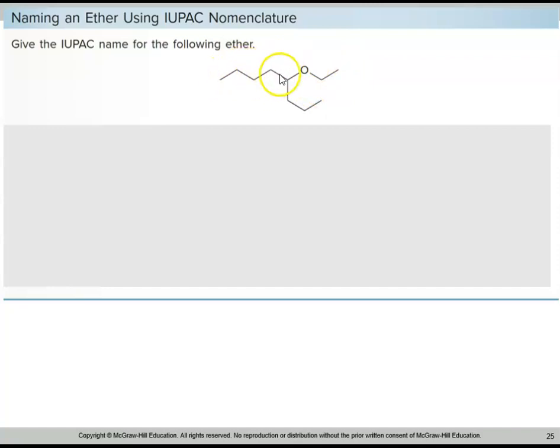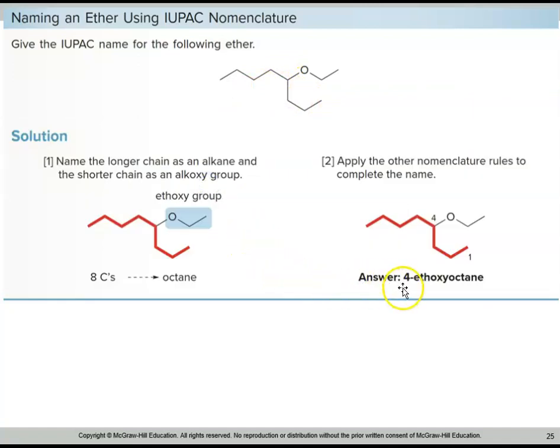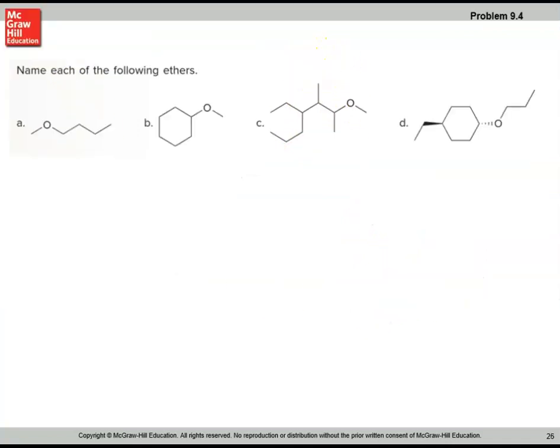So we write that the base name is 8 for the octane, and then the 1, 2, 3, 4 carbon, it's going to be a 4-ethoxy octane. All right, so take a few seconds to name these groups, and then we will go over the answers.